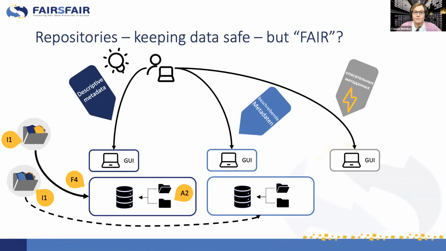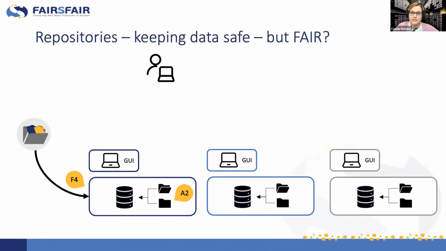This is, of course, a very simplified picture, because in reality a researcher will not query millions of repositories. Hilke already mentioned metadata aggregators, and that's something researchers often use. They give their set of metadata, or maybe just keywords, to a metadata aggregator.